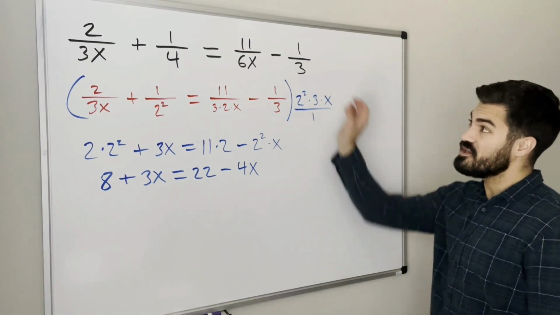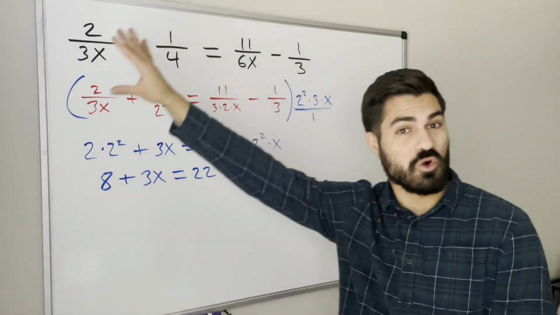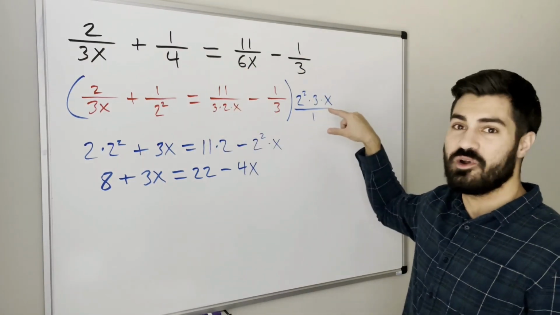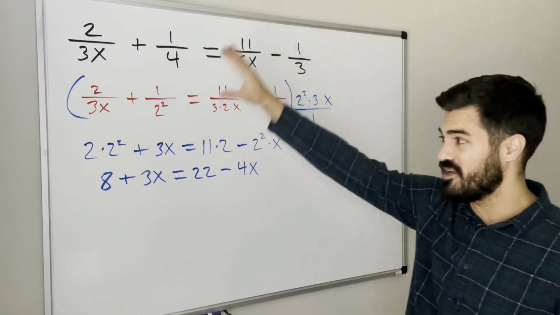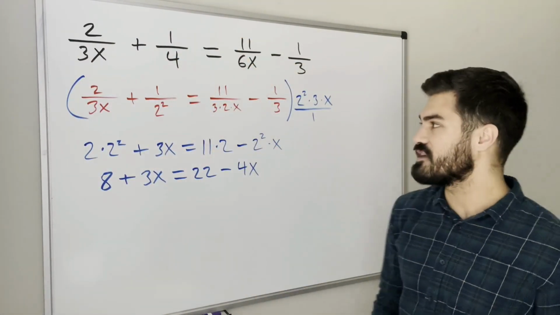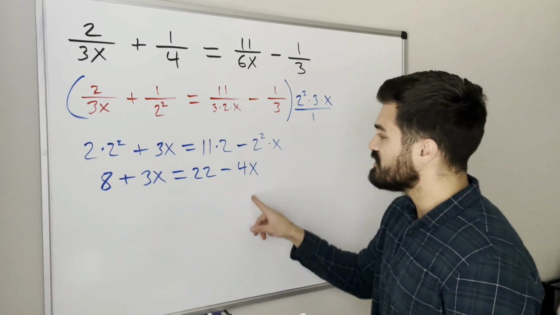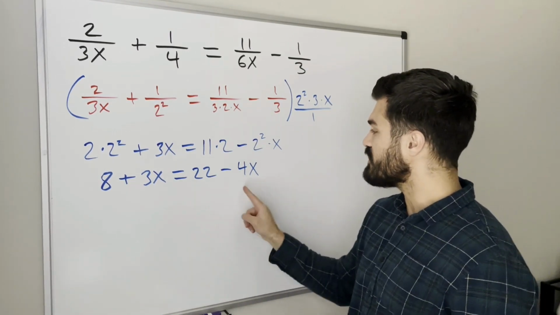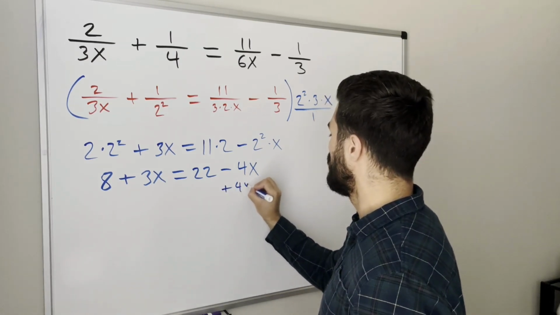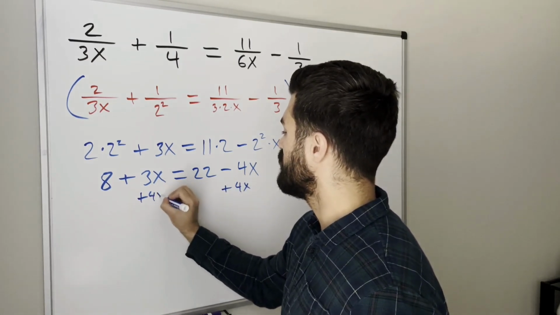So really this is the meat of the work when it comes to solving rational equations: finding that least common denominator and multiplying both sides by it and simplifying and making sure not to make any little silly mistakes, okay? So once we get to this, now we can solve. I'm going to add 4x to both sides, plus 4x, plus 4x.